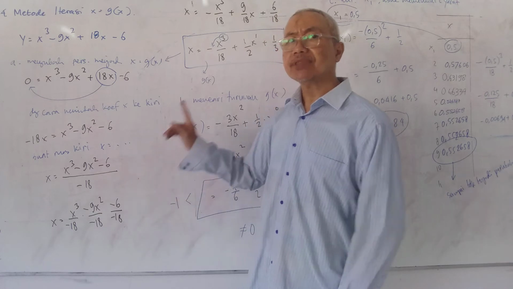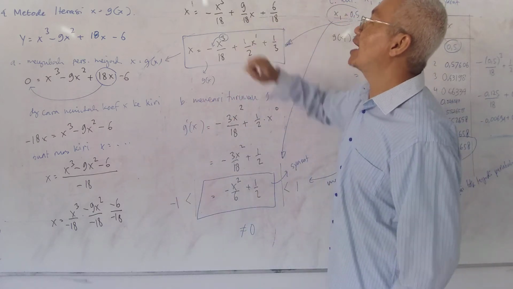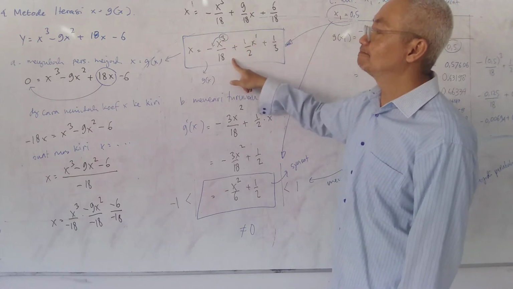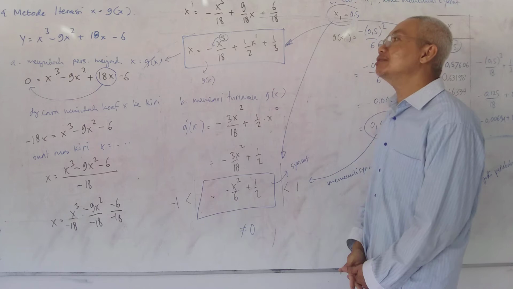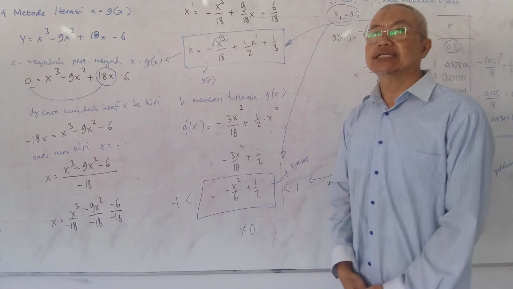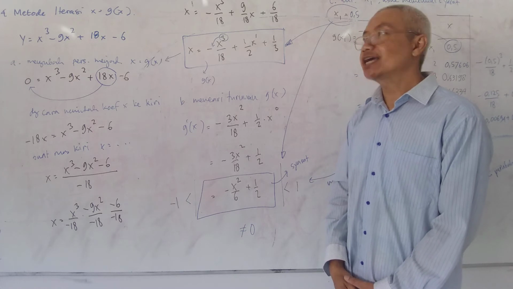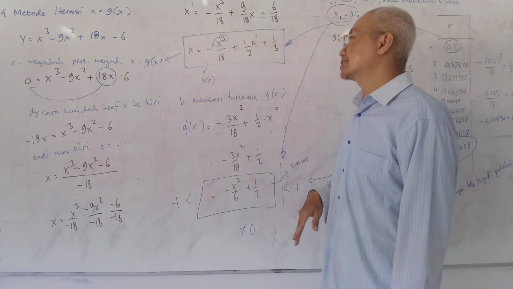You can see? Then it is simplified to be this one: x equals minus x cubed per 18 plus half x plus 1/3. Okay, so this one is the equation of x equal to g(x).